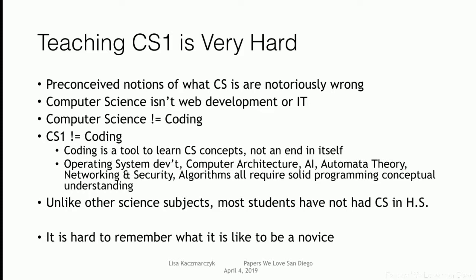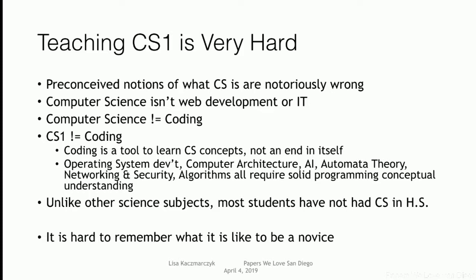Yeah, you're learning how to program in some language, but you're already starting to learn about other topics, such as algorithms and databases, and you move very rapidly into issues of efficiency, computer architecture, you move along, AI, automata theory. These are all the things that you study as you move through your degree, and they assume a mastery of coding so that you can use it to study these other things.